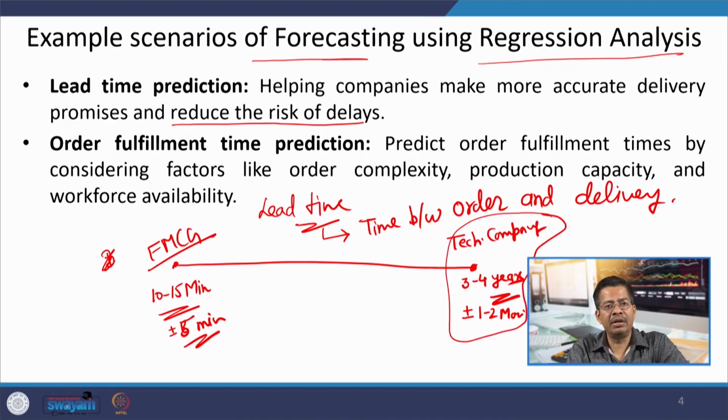Order fulfillment and time prediction. During this particular course, we may be doing one or two case studies, and in one of the case studies we will be talking about this lead time prediction.